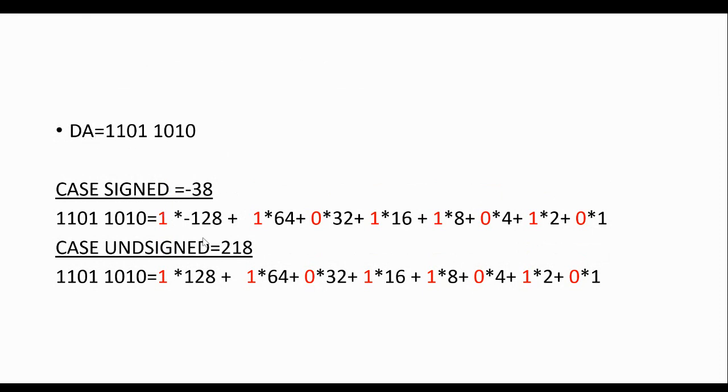We convert this hex into binary, and then we lay it out together. We will be able to get negative 38 and 218. You just have to look at the most significant bit for the signed case. When you see the most significant bit become 1, you will definitely get a negative number.